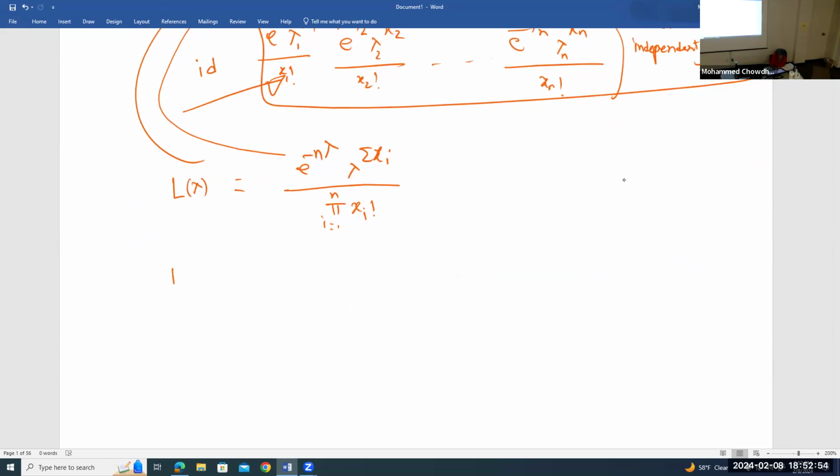Now I want to take log of L lambda, which is known as the small l lambda, is minus n lambda plus sum of xi log of lambda minus log of the product of xi factorial.